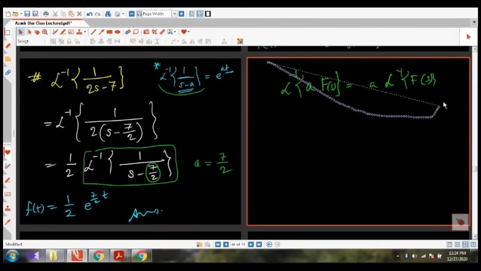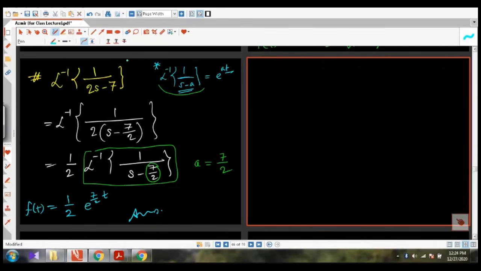Let's solve some other problems. Let's say we have inverse Laplace of 4 over s negative 2 negative s over s squared negative 16 positive 4 over s squared positive 4.